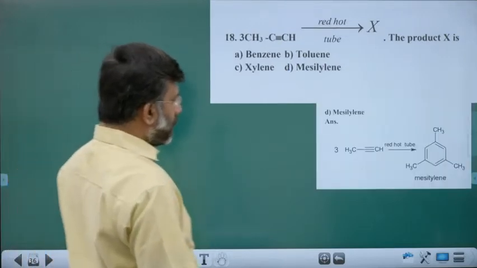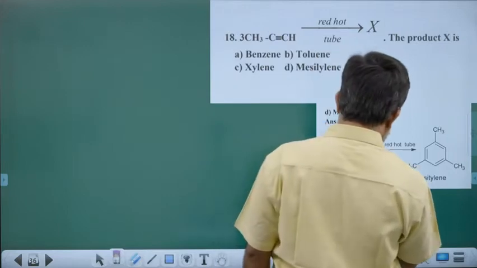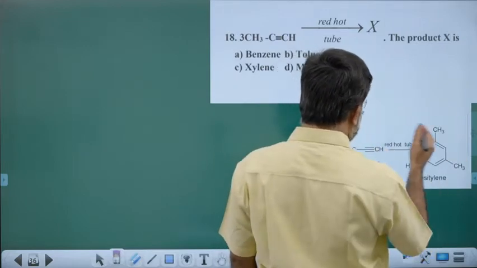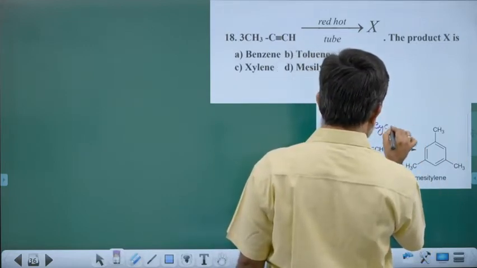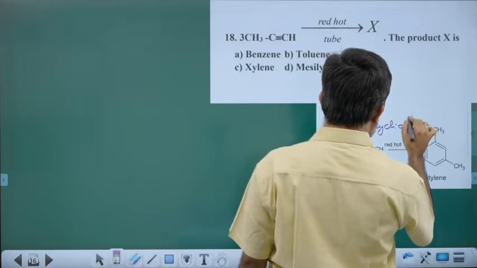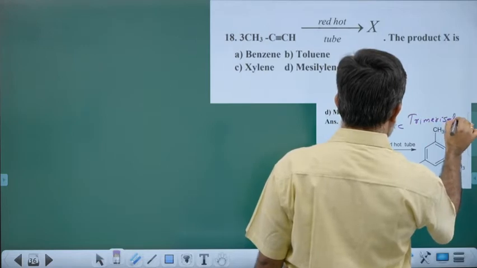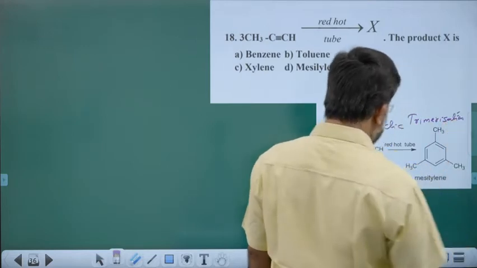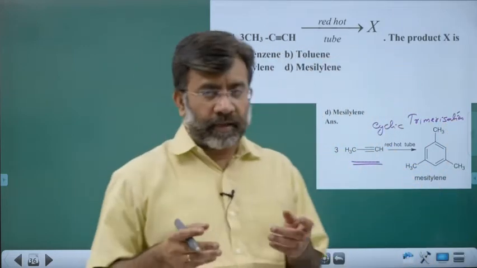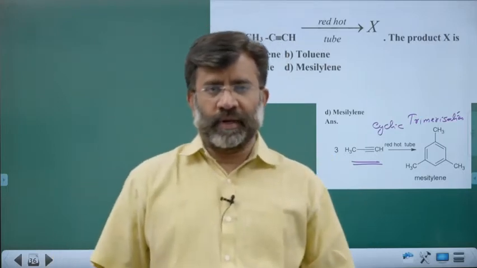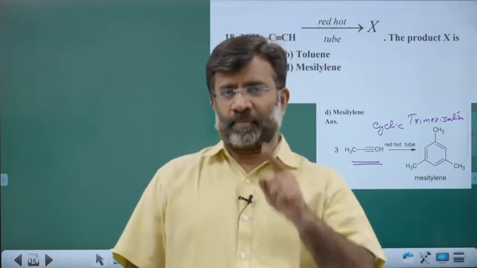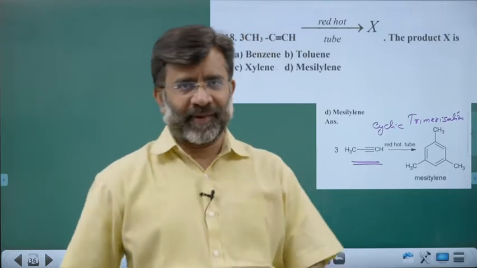Three molecules of propyne will undergo cyclic trimerization. You will get mesitylene. If you are dealing with ethyne, you will get benzene. Propyne, you get mesitylene. Okay.